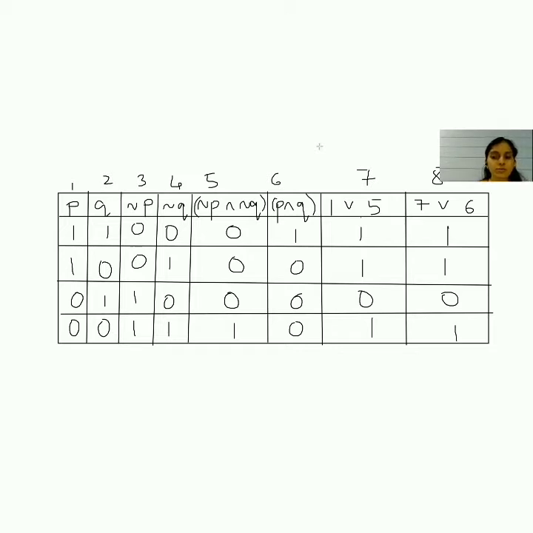So how will we interpret this circuit? You can see that the output, that is the last column, is 0 when P remains off and Q is on.